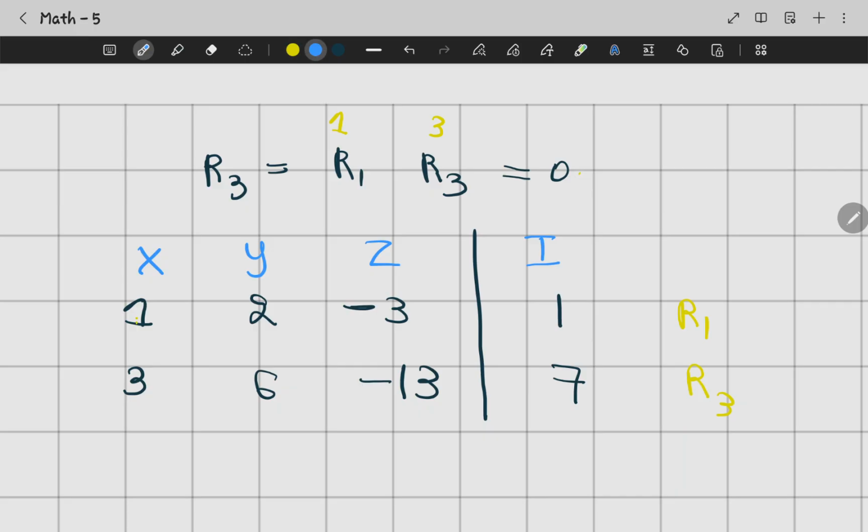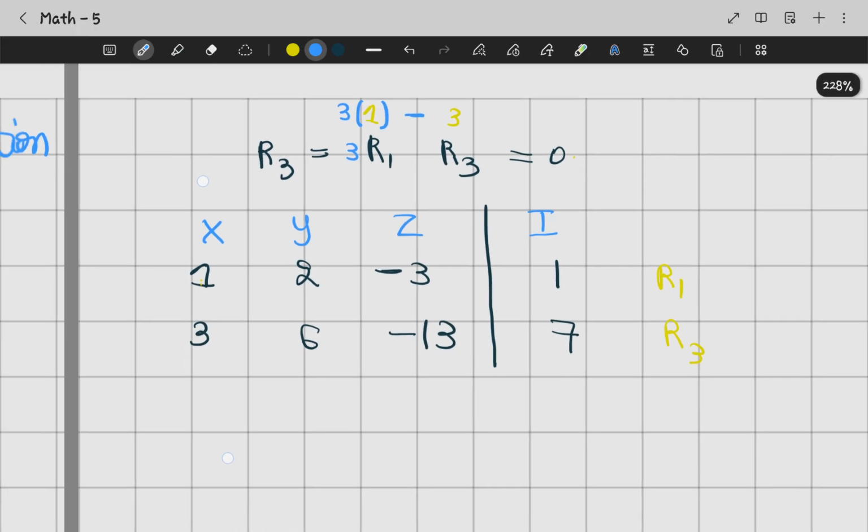If you notice, I can make a minus sign there. If I say 1 minus 3, it will give me negative 2. We don't need 2, so I'm going to add times 3, meaning we're going to have a times 3 here, to turn it into 0.